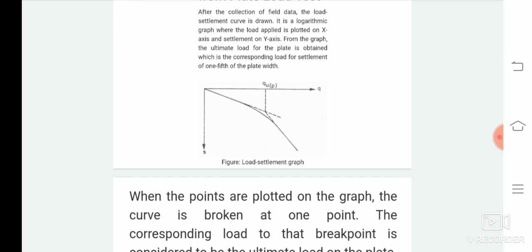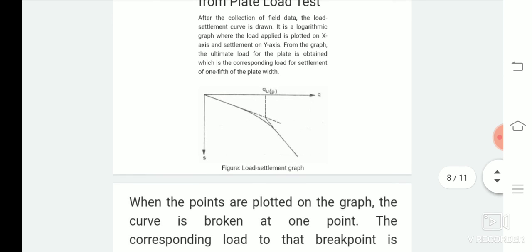The next limitation is that it is essentially a short duration test. Normally it is carried out for a very short duration, so the test does not give the ultimate settlement, particularly in the case of cohesive soil, because we know that settlement for cohesive soil requires a large duration of time. Hence its applicability for cohesive soil is a concern.